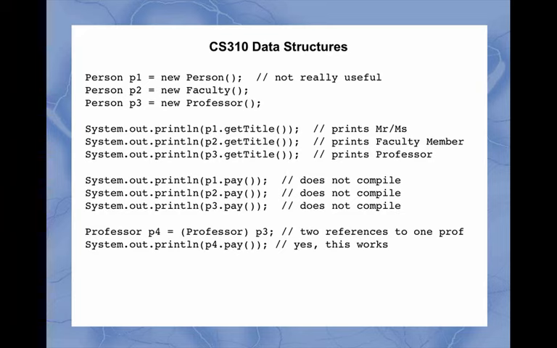The pay method does not exist in class Person, so it will not even compile, let alone run. We can get around this by casting p3 to a new variable p4. So p4 is of type Professor, and now we can call p4.pay. Yes, this will work.